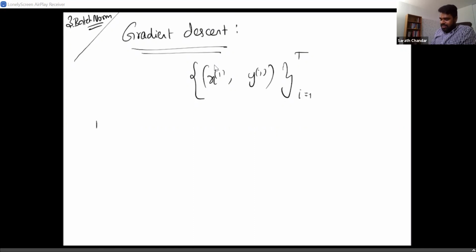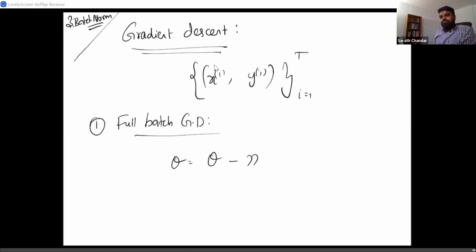The first variant was the full batch gradient descent, where theta is equal to theta minus some learning rate times the gradient of your loss function with respect to the entire data set, 1 over T.